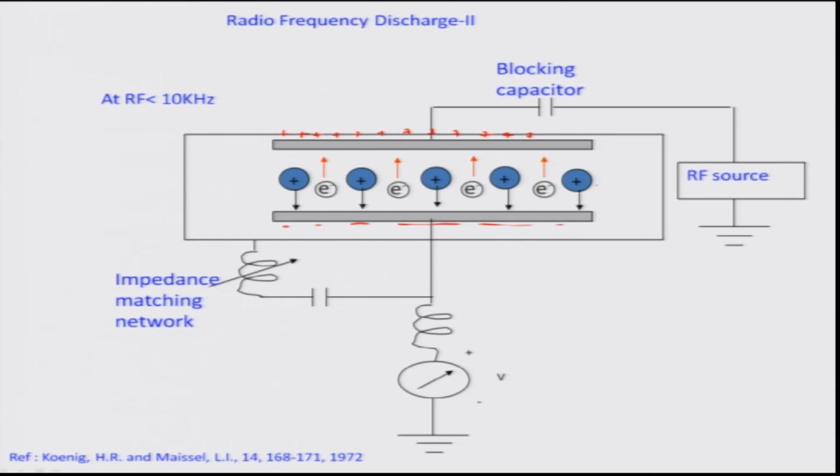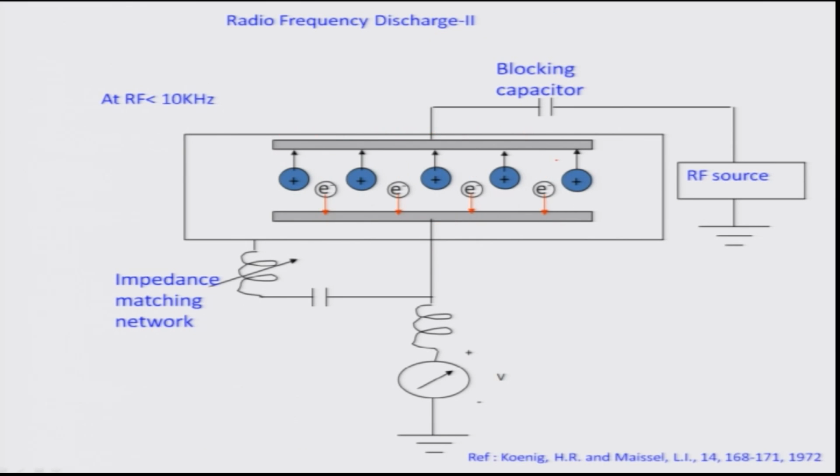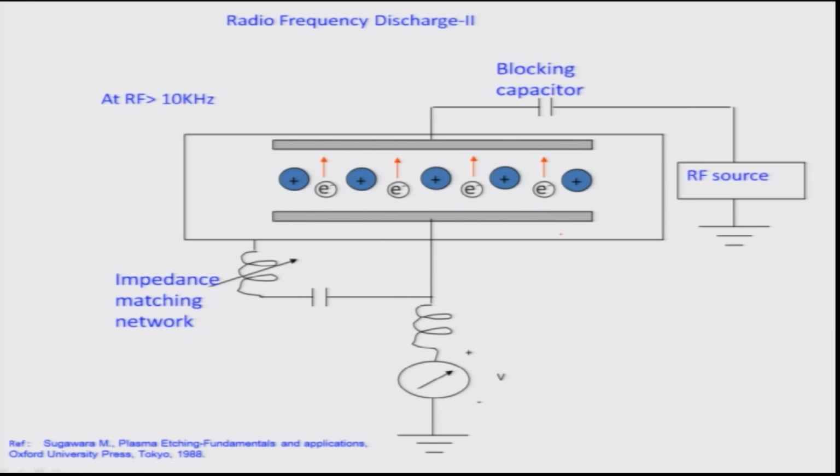Obviously, the ions would start moving towards the cathode and the electrons would start moving towards the anode. And supposing we were to change the RF signal by reversing the polarity, the ions now would start moving towards the upper plate and electrons would move towards the lower plate.